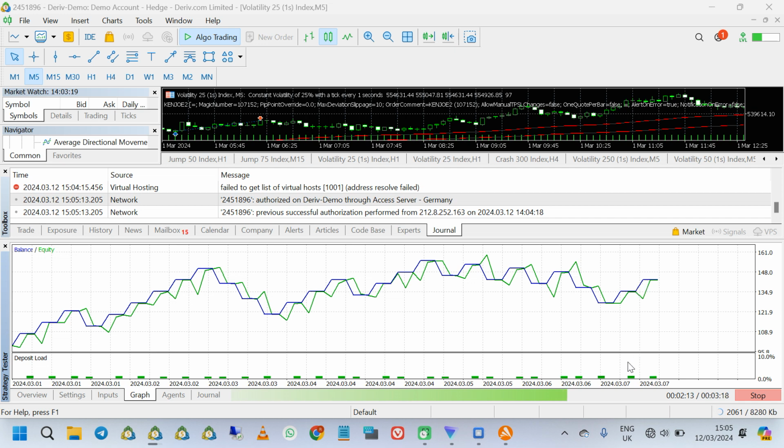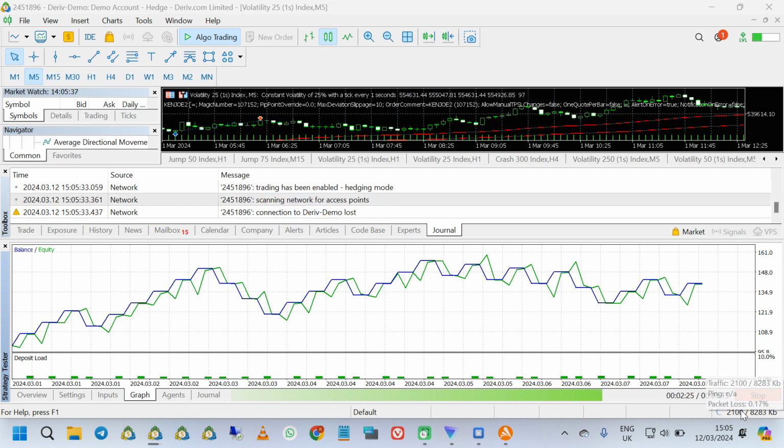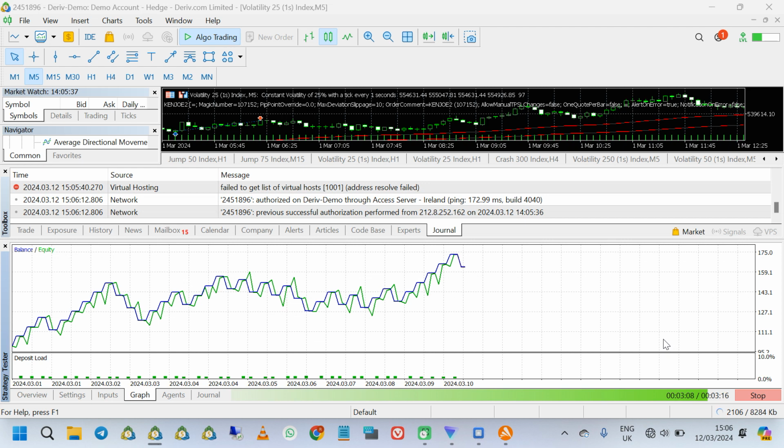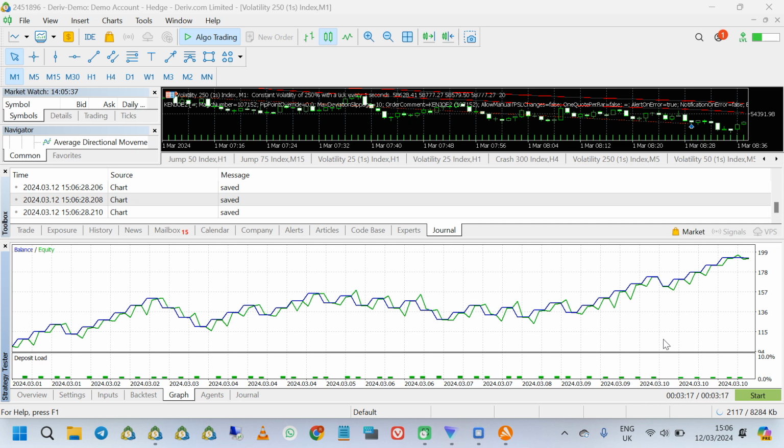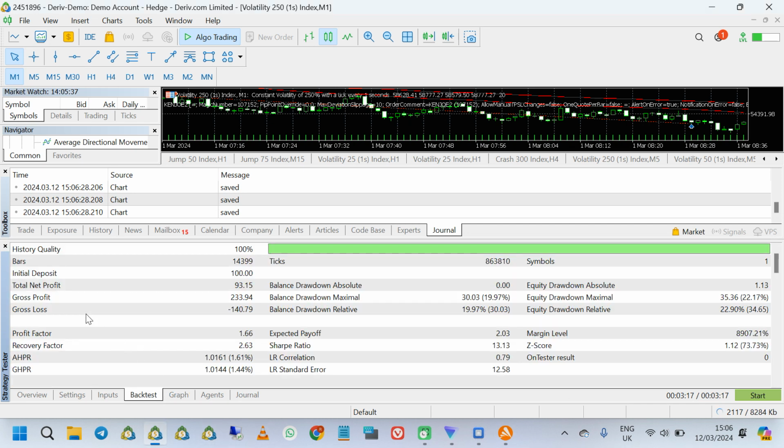It went to 121, and from that 121 it went all the way up to 148. So let's see. And we are almost there. It went from a peak of around 127 all the way to around 190. This is over 190. So let's go to back test and see the performance.